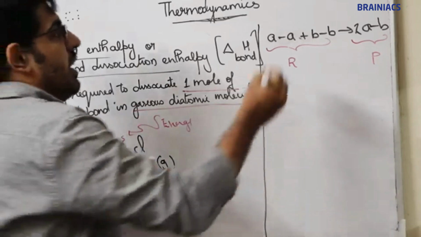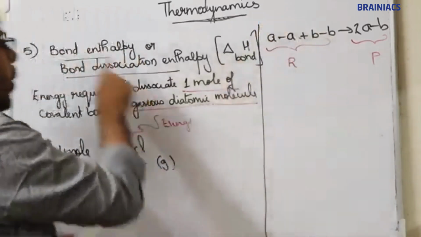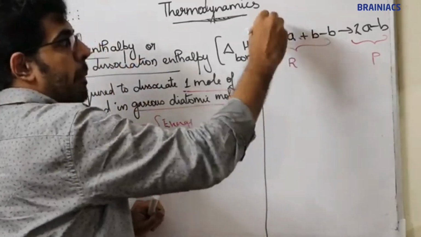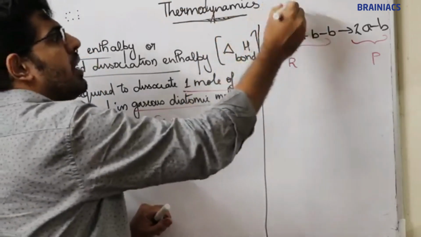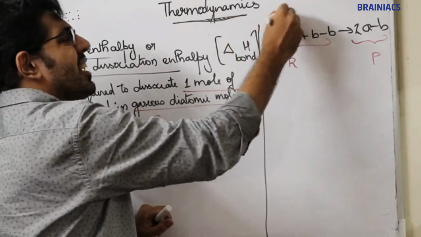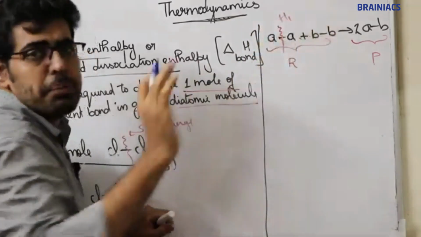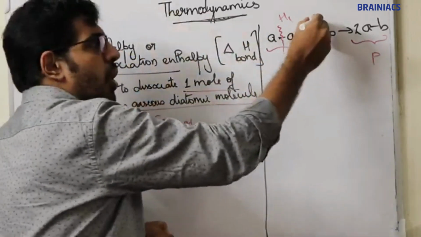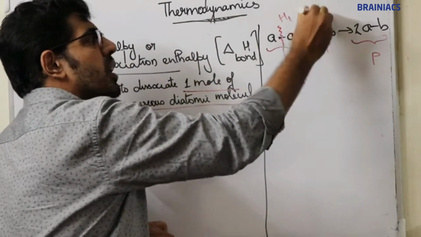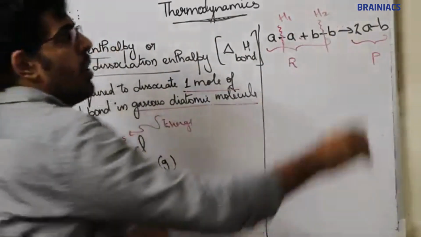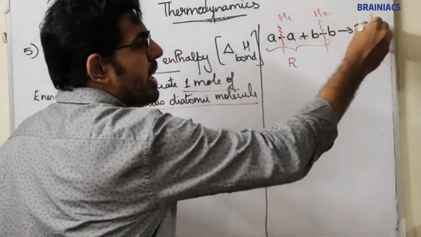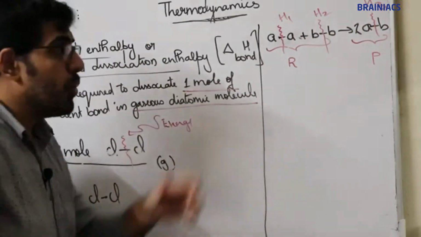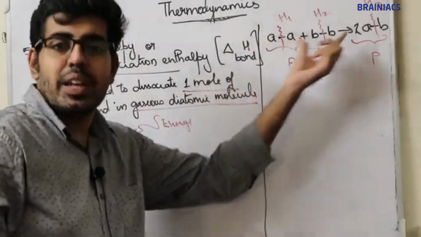Now let the bond dissociation enthalpy of the AA bond be delta H1, that of the BB bond be H2, and that of the AB bond be H3.